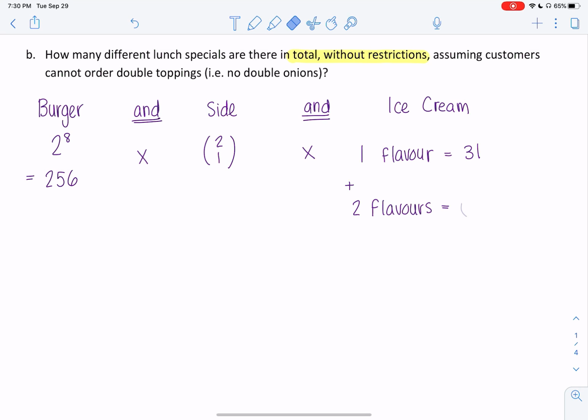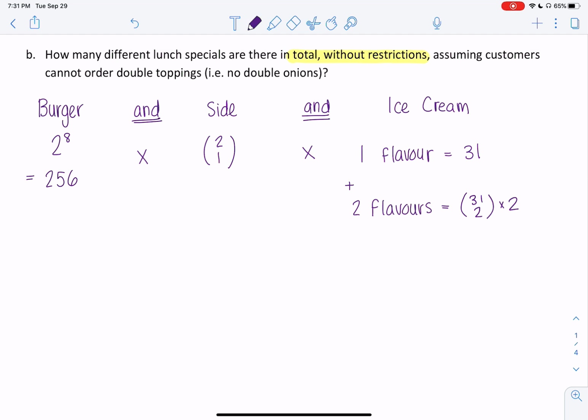So I have 31 options, and I'm going to choose 2 of them. Now there is something extra that we do have to take into account here though, is when I choose 2, there are a couple options that we do need to account for that this won't. So we will need to multiply this by 2.